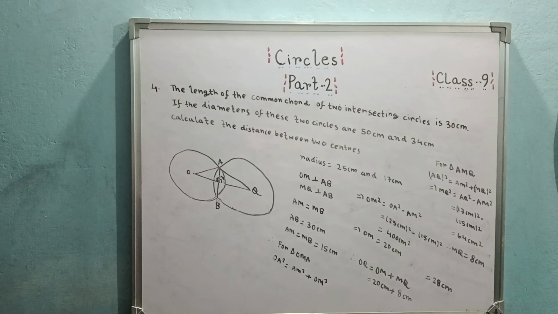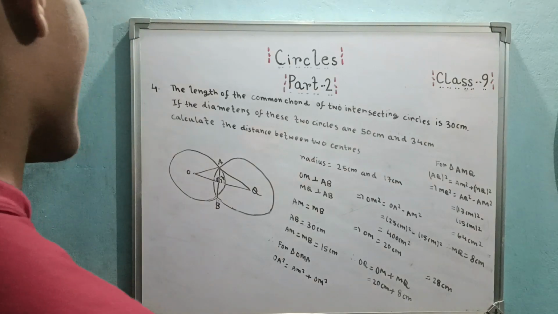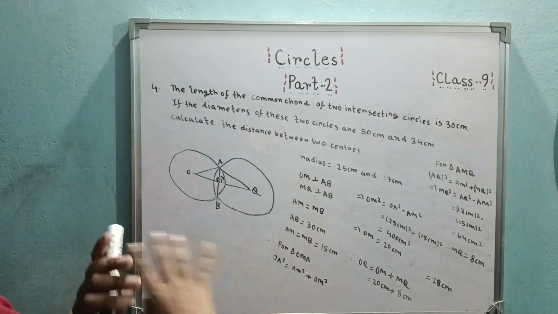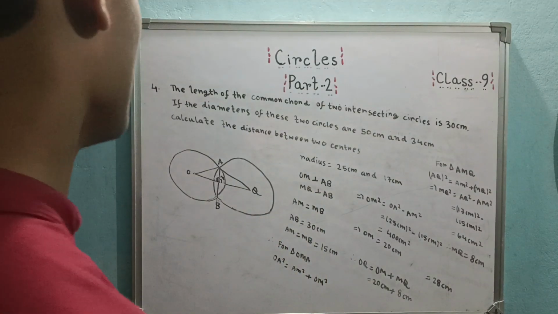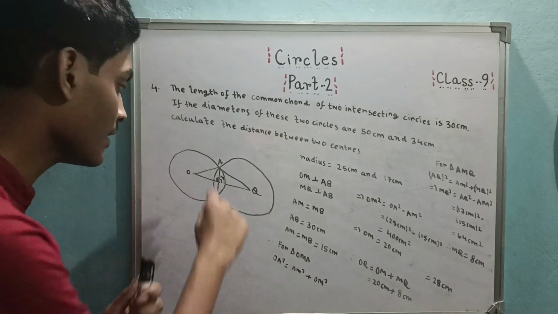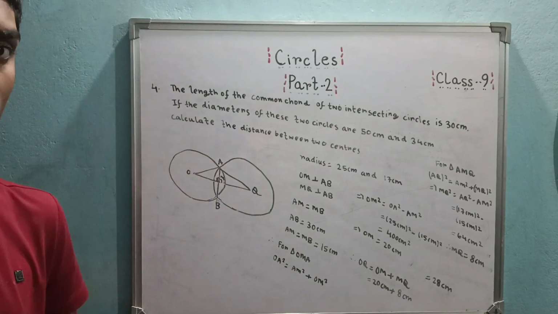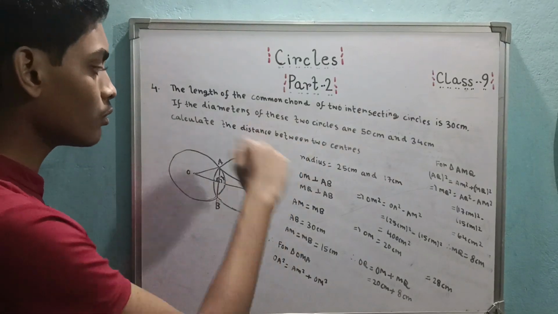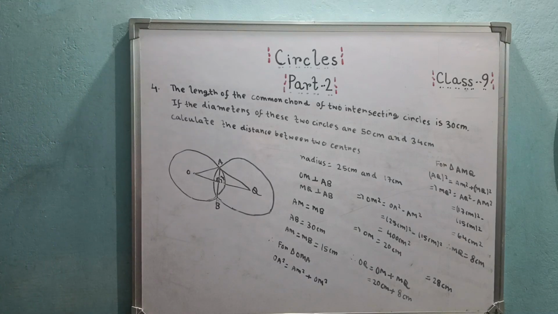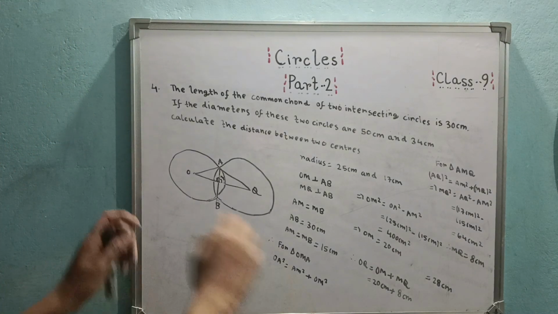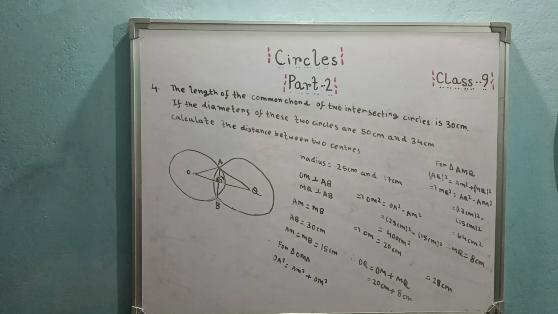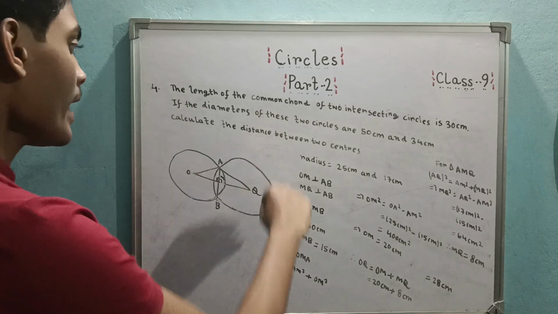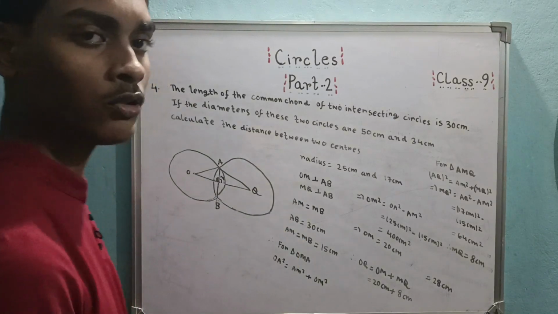So I didn't have to do that much in this question. I had to draw the figure. Everything was given to me. I draw the intersecting circles, and the intersecting part in that, if I draw the chord, that's the common chord between the two circles. I have named that chord AB. The two circles have two centers O and Q. Then OA and AQ are the radii of the two circles.